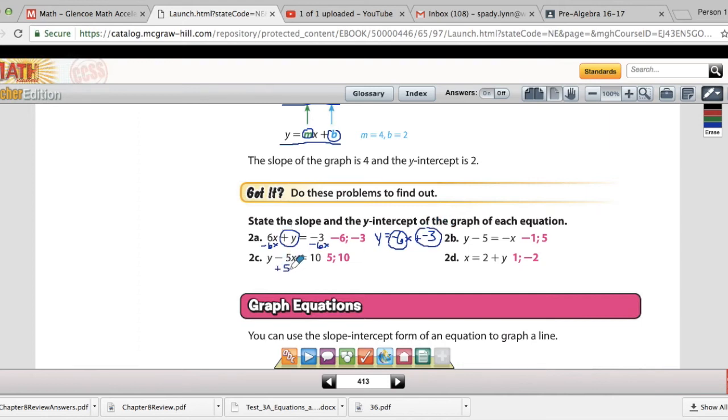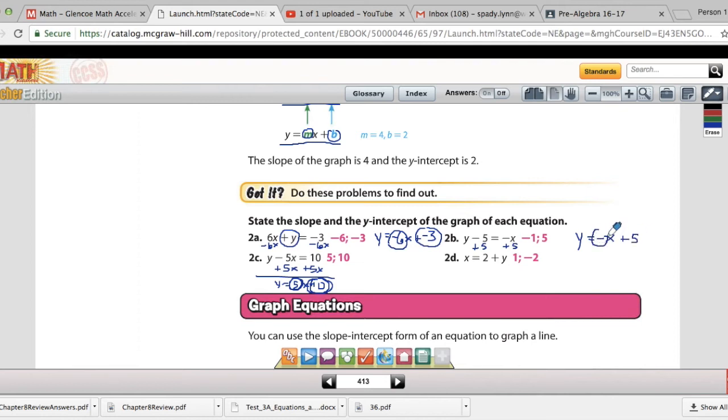If I add 5x, I get y equals 5x plus 10. So my slope is 5, my y-intercept is 10. On this one right here, I'm going to add 5, and get y equals -x plus 5.